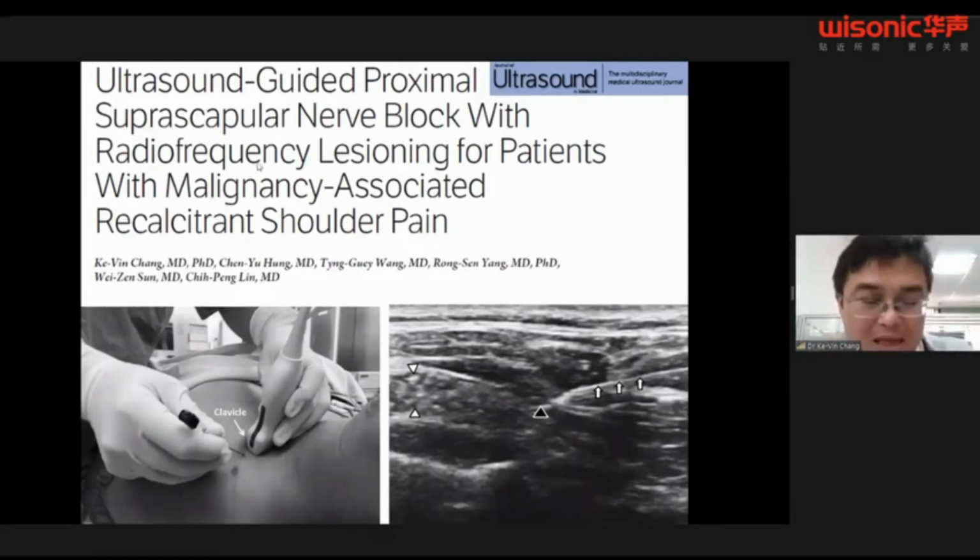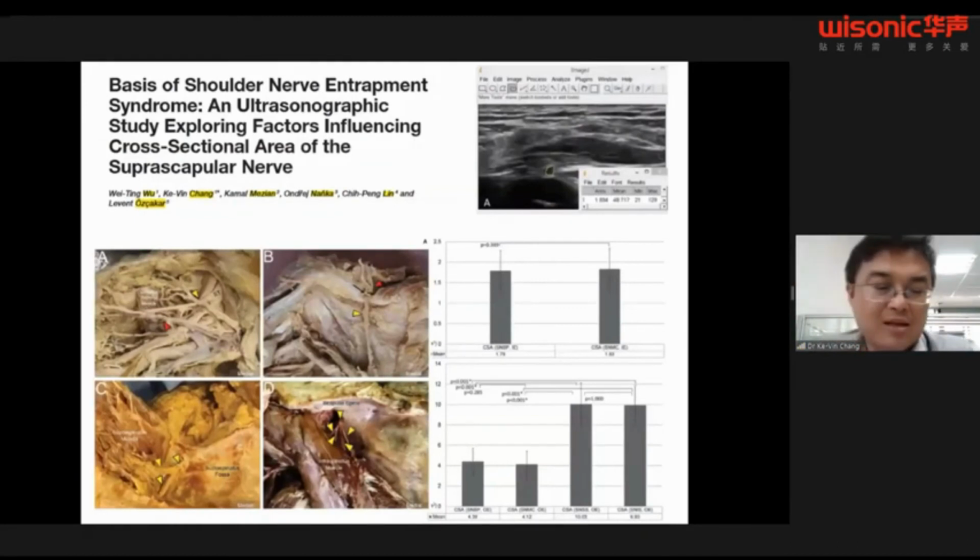This is the nerve, and it may be compressed if you carry a heavy backpack, because the strap of the backpack can easily compress the nerve and cause symptoms. In some cases, we perform the ultrasound guided proximal suprascapular nerve block.